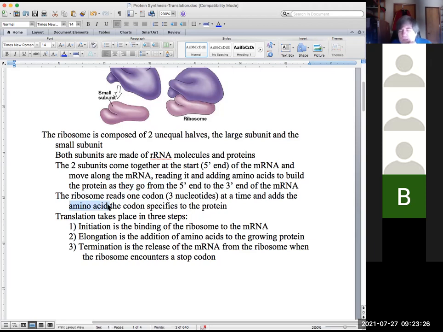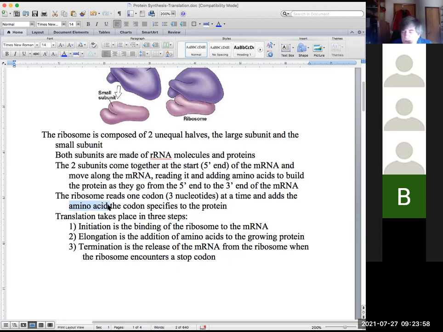So notice one of the things this means is if we know how big our piece of messenger RNA is, say it's 300 nucleotides long, that means the biggest this protein can be is 100 amino acids, because it takes 3 nucleotides to give us the instructions for 1 amino acid.